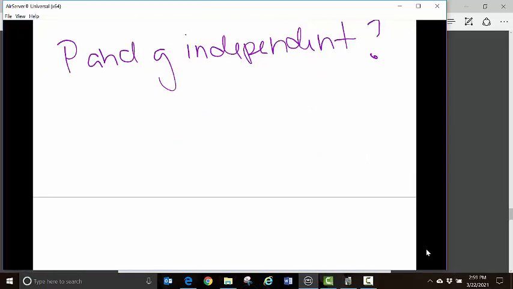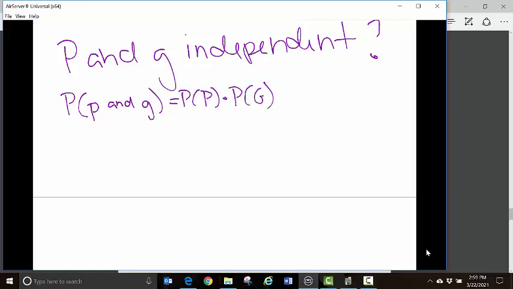The first is that we know the probability of pool and garage, if they're independent, and I have no idea if this is true or not because I made it up, is the probability of pool times the probability of garage. Okay, this is the multiplication rule for independence.